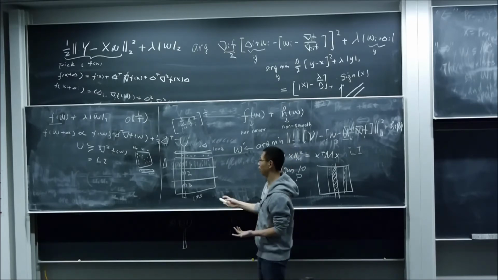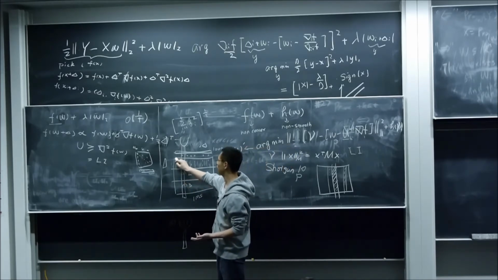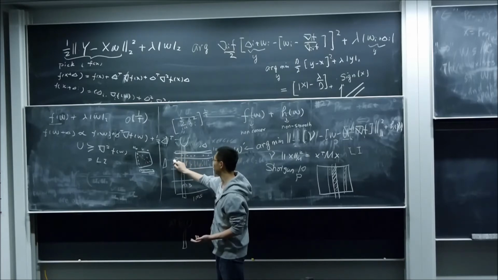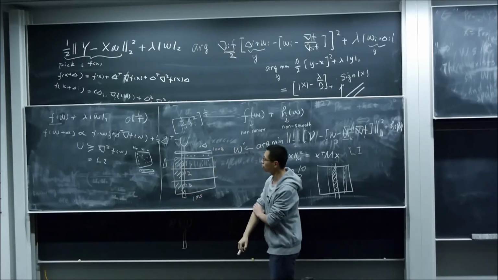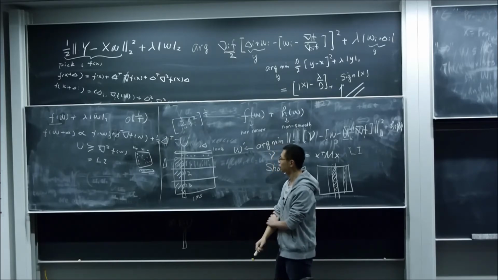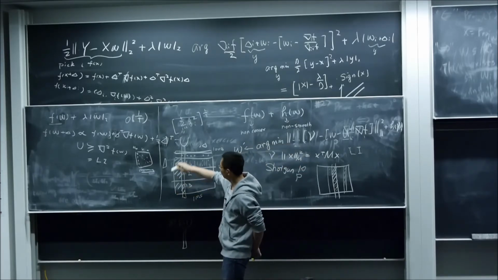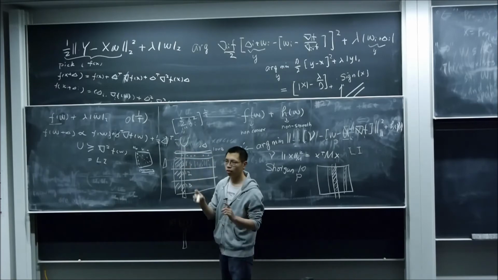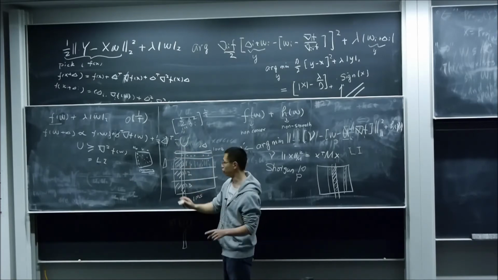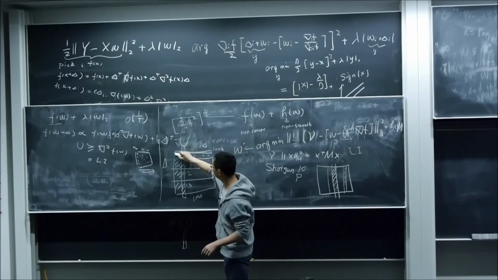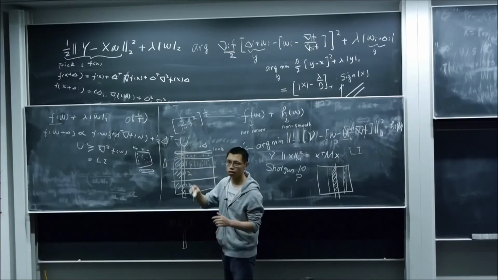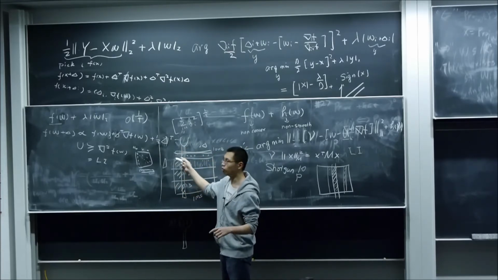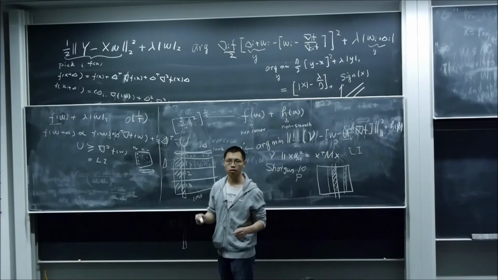So what can you do? In that case, you need to update a block of coordinates at the same time. Each time you pick a block of coordinates, each machine computes the first gradient of that block, and maybe the diagonal of the second gradient.